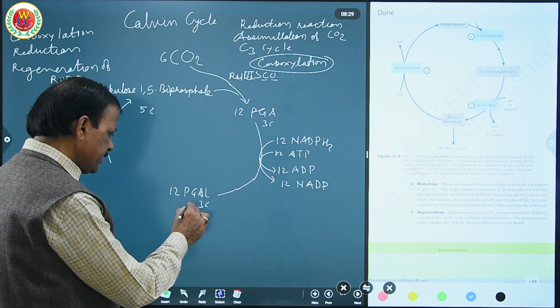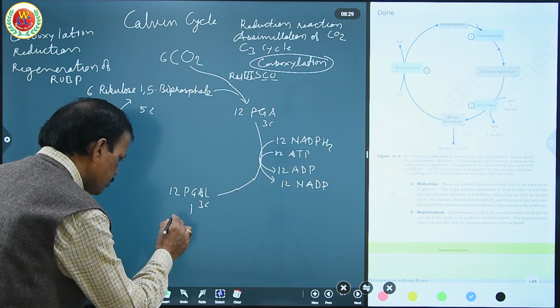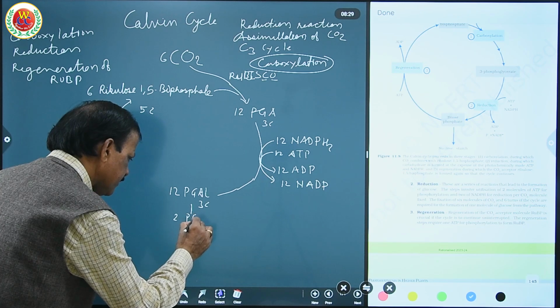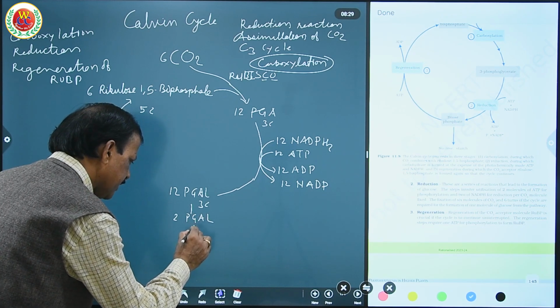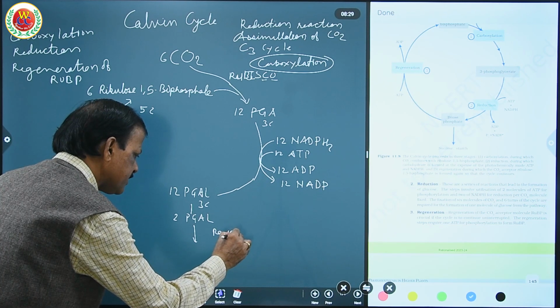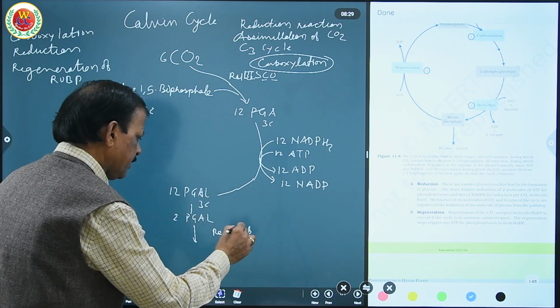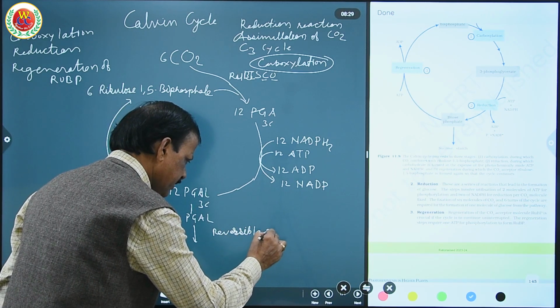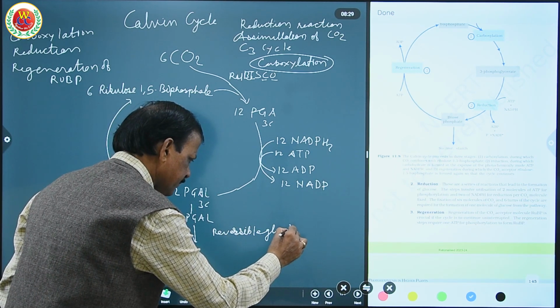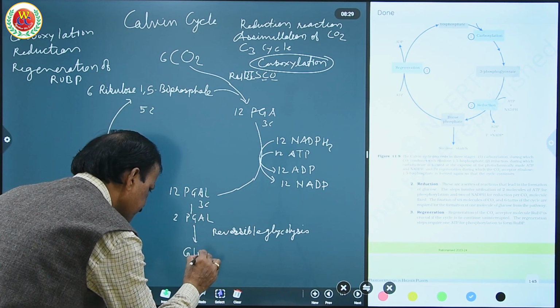Out of those 12 PGAL or triose phosphate, 2 molecules of PGAL undergo reversible glycolysis to produce glucose.